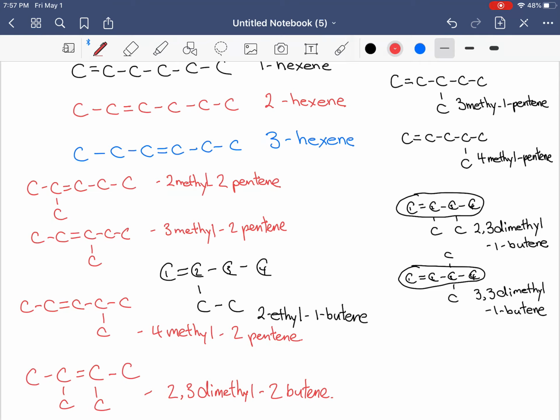You're not going to make any more of these with the double bond between the second and third carbon. You can try. If you think there's one more that I haven't shown here, be my guest. Show me. Usually in school, if we were to do this live together, I would have put some money on the line and said, hey, if you can find one more that I didn't find, this $5 is yours.